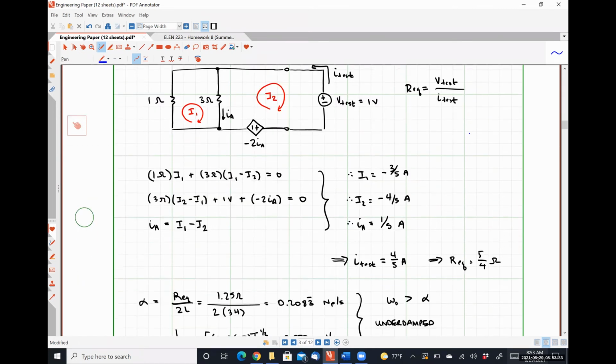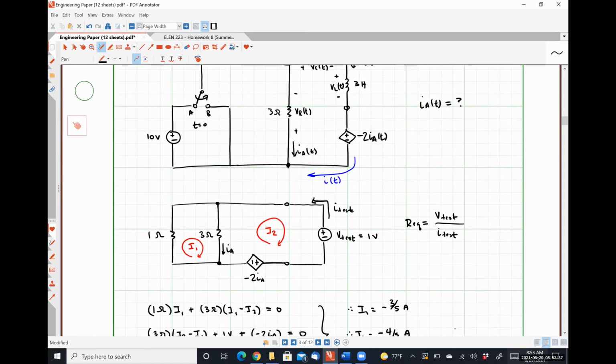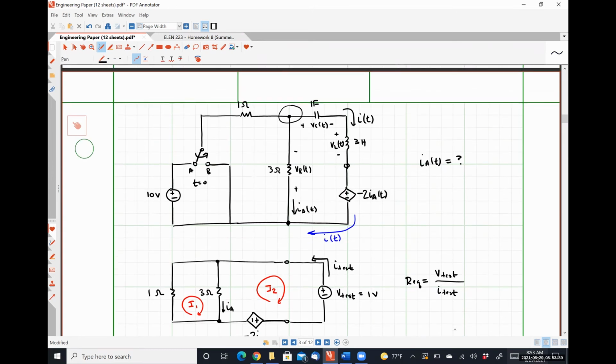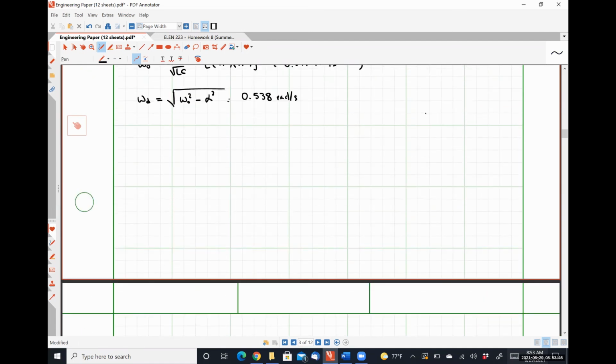All right. So at t is equal to 0 minus, let's see what this is going to look like. We're going to have a 10-volt source in series with a 1 ohm resistor. Here's a 10-volt source. Here's our 1 ohm resistor.